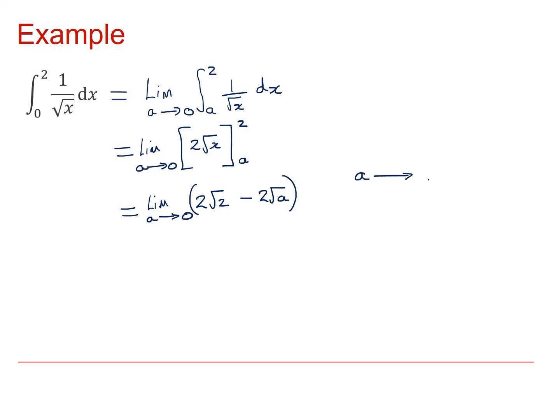Well, looking at a as it tends to 0, root a also tends to 0. And so this bit of the result is going to disappear, leaving me with a final result of 2 root 2. So this integral does in fact tend to a limit, and that limit is 2 root 2.